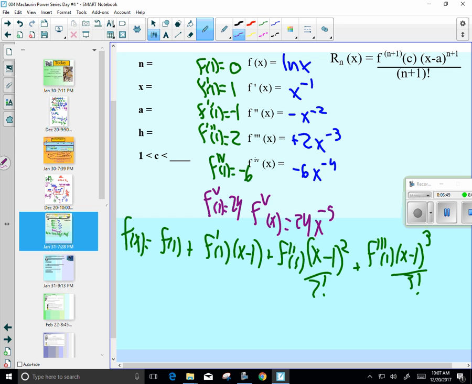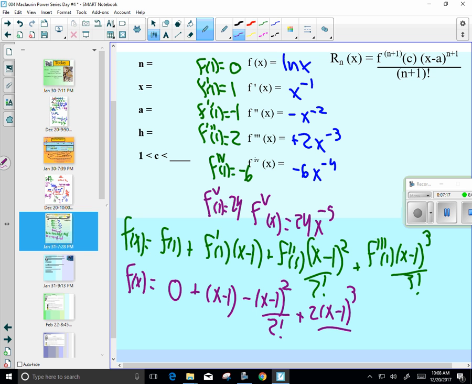So then this is going to be, in purple, a great color, f of 1 is 0, f prime of 1 is 1, so it would be 1 times x minus 1. F double prime is negative 1, so it'll be minus x minus 1 squared over 2 factorial. F triple prime of 1 is 2, so it's going to be plus 2 x minus 1 cubed over 3 factorial. By the way, what is 3 factorial divided by 2? 3.